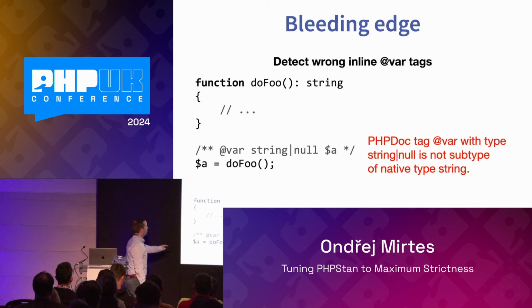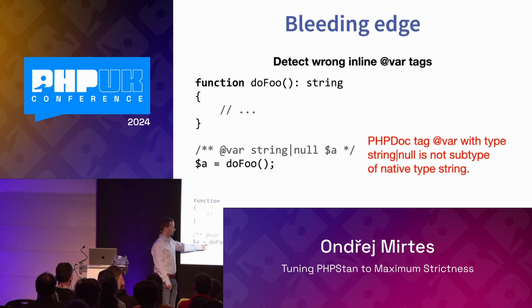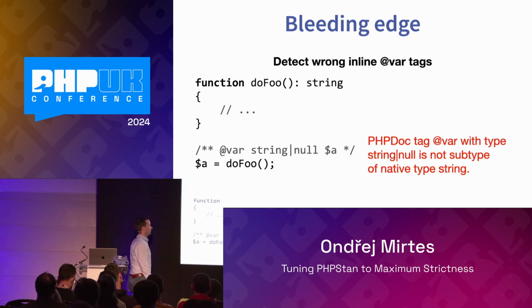So if you are calling a function that has a native return type, the native return type cannot be wrong, right? Because otherwise PHP would crash. And you are saying that the type really isn't just a string, but something else. If you are saying that the type is wider than the original native type, then I can be sure that this is wrong, right?